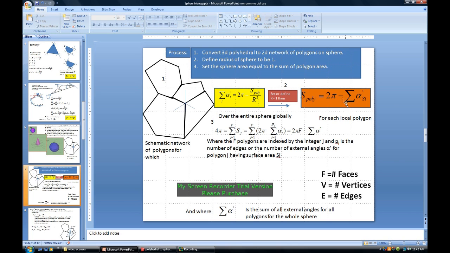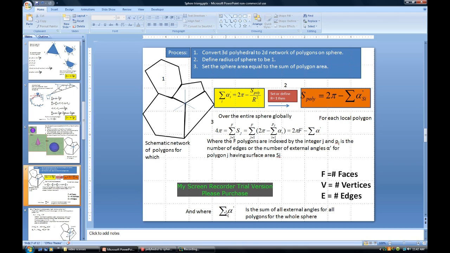Replace each area with 2 pi minus the sum of the external angles of that specific polygon, and then when you look at all the polygons, you just end up with 2 pi f minus the sum of all the external angles for all of the polygons, which is a little bit of an unknown quantity unless you're going to take your polyhedral and measure the external angles of every facet or every face or every polygon surface.